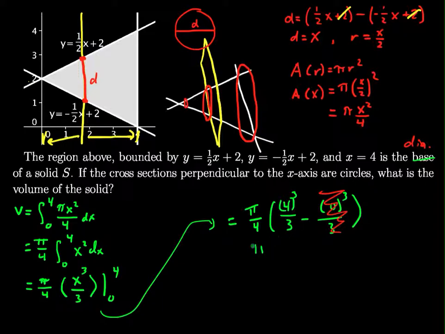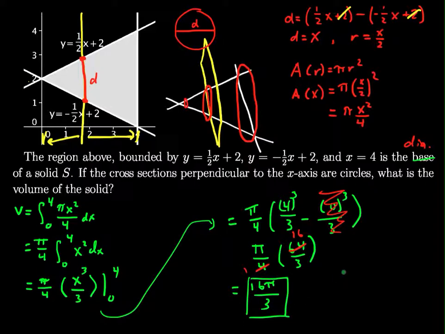So I have pi over 4 multiplied by 64 over 3. And we can reduce this down, get 16, get 1. So I get 16 pi over 3.